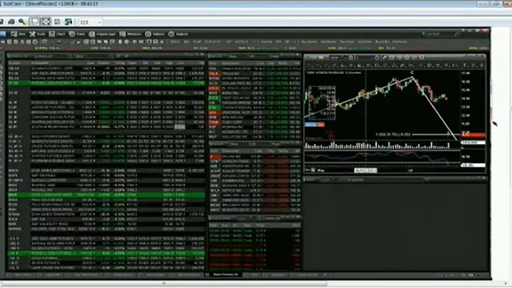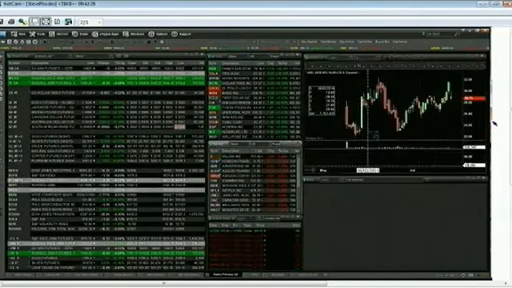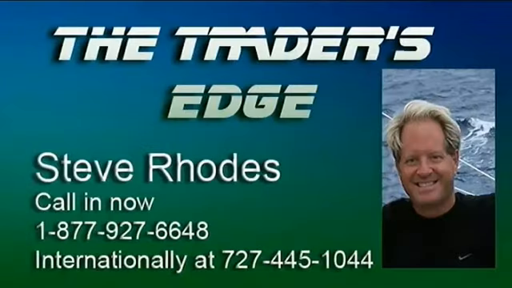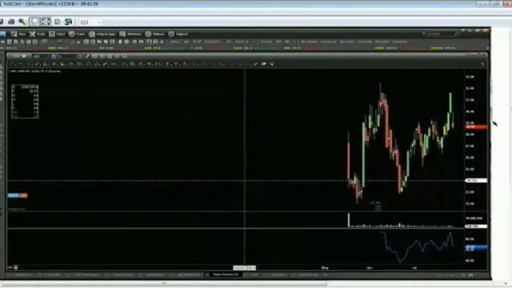Percentage-wise to the downside, you've got Jumei International Holdings, JMEI is the ticker symbol. Now, that is trading off about 9% this morning, down $2.90. Let's take a look at this equity and see what it is doing. So it looks like this is an IPO.